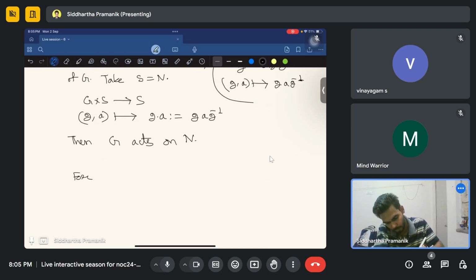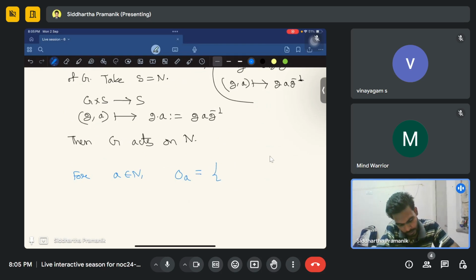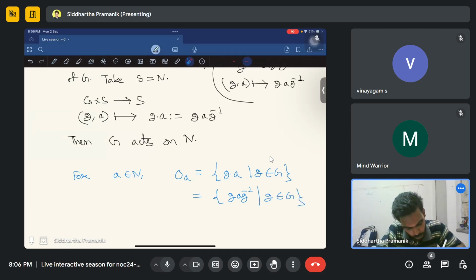So for a belongs to N, what is the orbit of a? It is just g dot a such that g belongs to G. By definition this is g a g inverse such that g belongs to G. So this element is known as the conjugate of a by g.